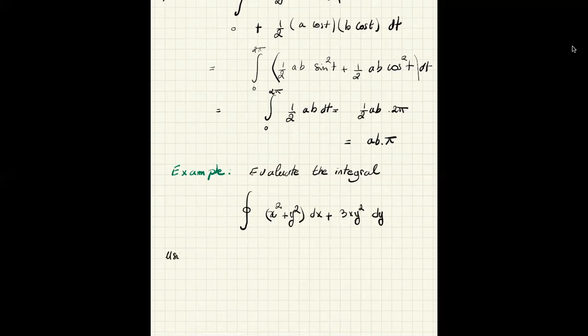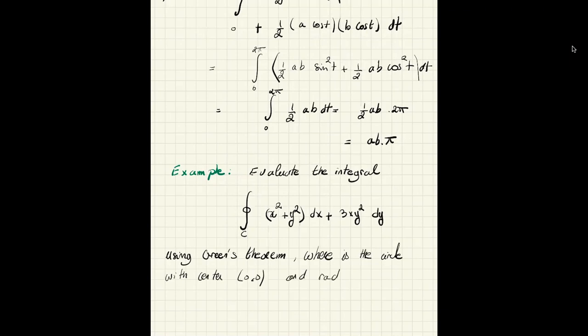Using Green's theorem, where C is a circle with center 0, 0 and radius two.